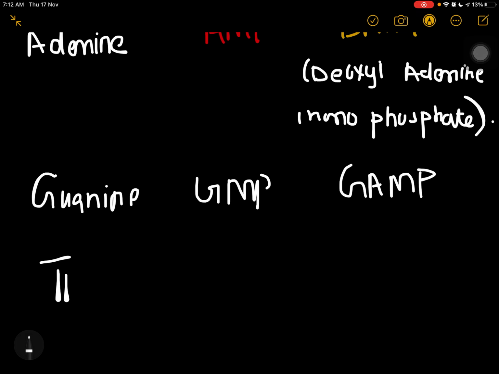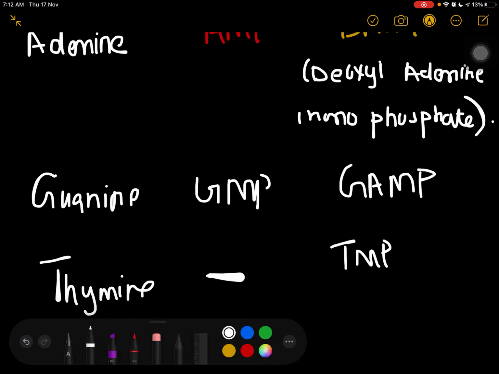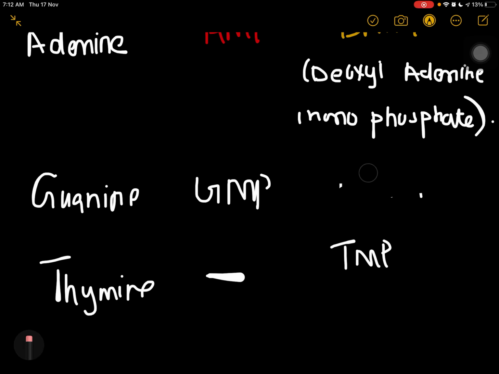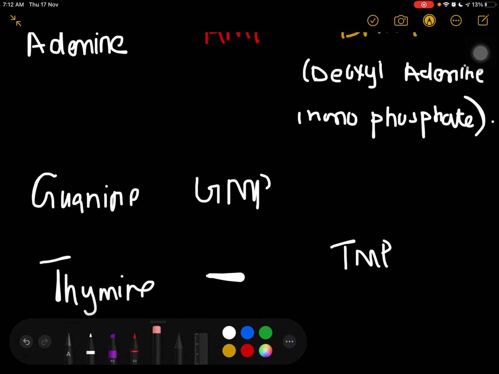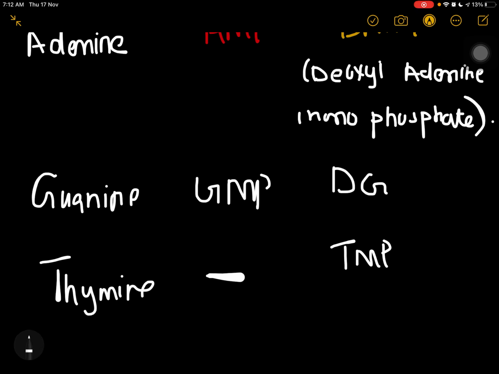If we have thymine, thymine is not present in RNA but it's present in DNA. So we write TMP. Okay, wait a minute, I made a mistake over here: dGMP will come here, right? Now over here we won't write dTMP, because we already know that it is present only in DNA.